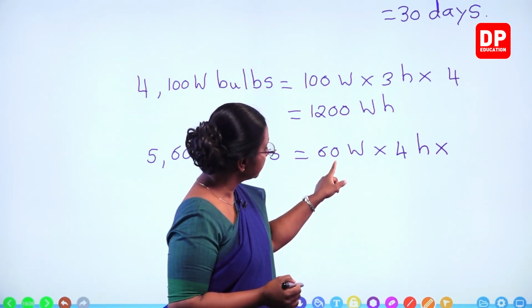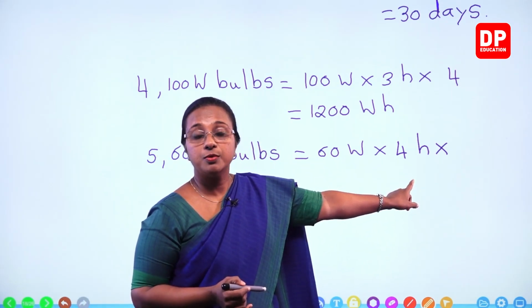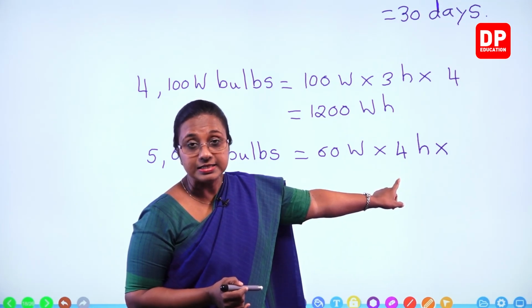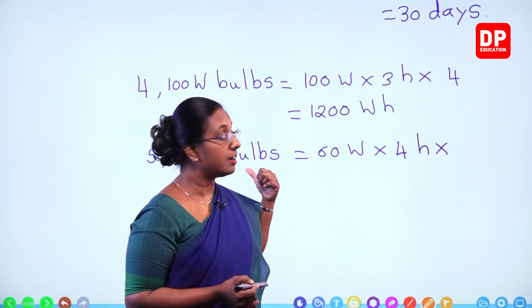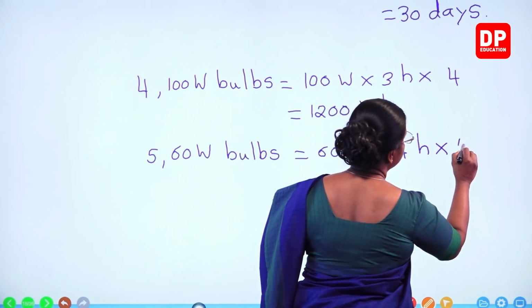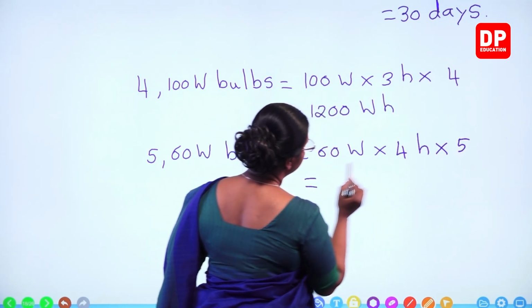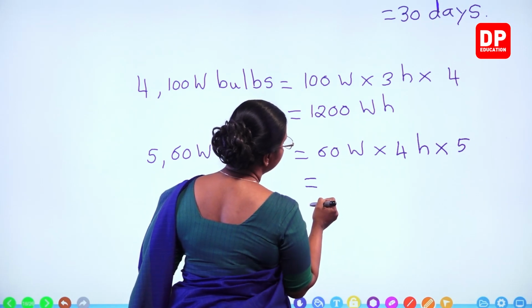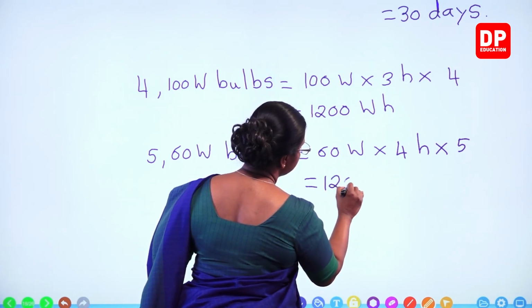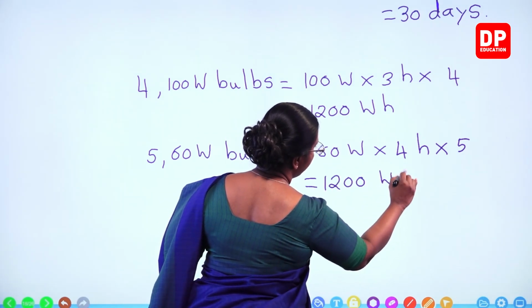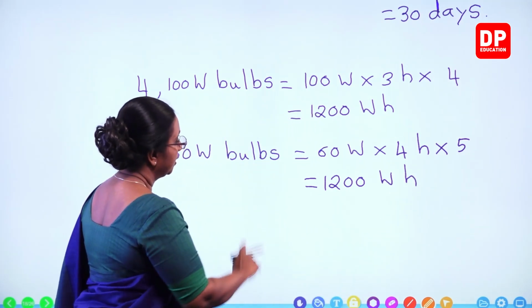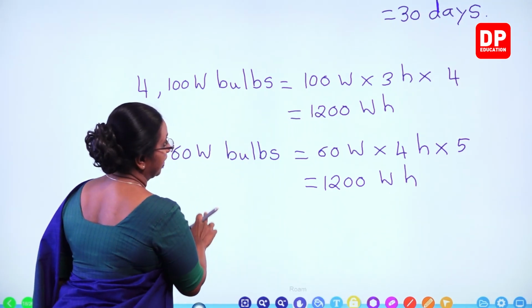So one bulb 60 watt and is used for 4 hours. That is the energy consumption. Like that there are 5 bulbs. So into 5. So that is going to be equal to 4 into 5, 20, 20 into 60, again 1200 watt hours.